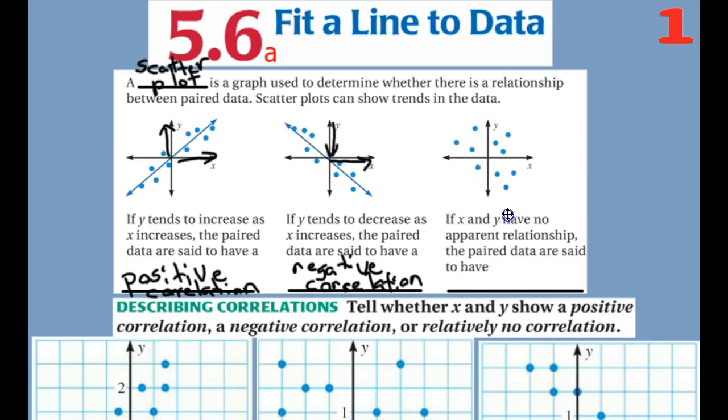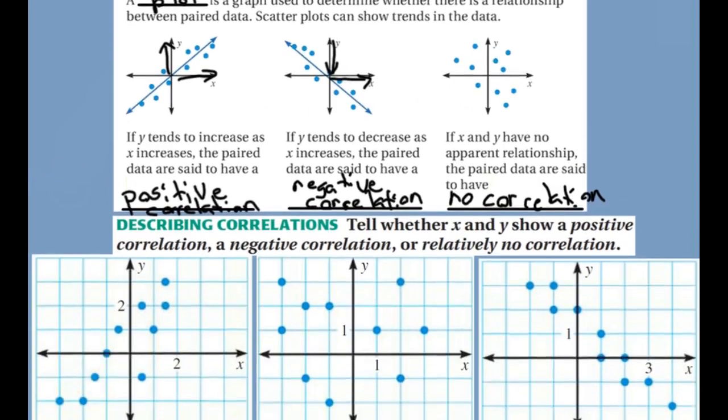Here it says if x and y have no apparent relationship, the paired data are said to have no correlation. So no relationship. So if you look here, there looks to be no real order to these dots. There's no line in between them. There's no order in the dots. There's nothing there. So it has no correlation or no relationship.